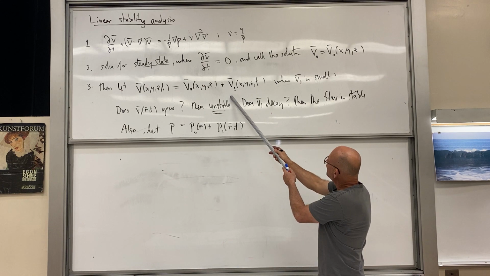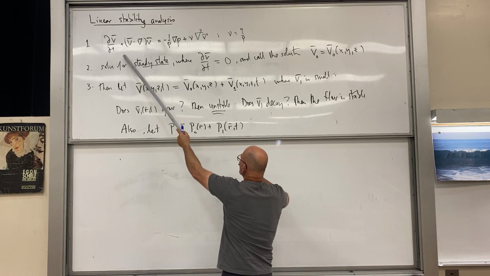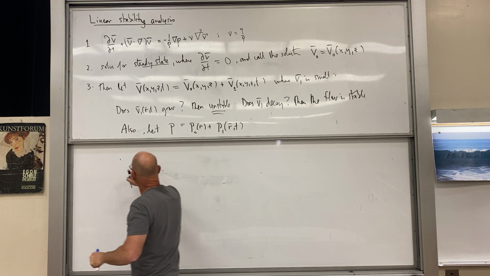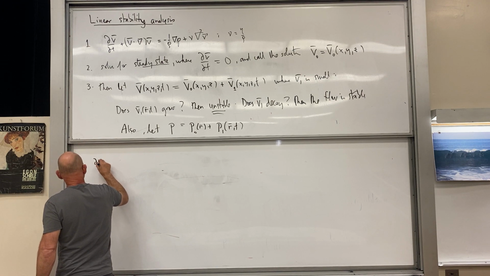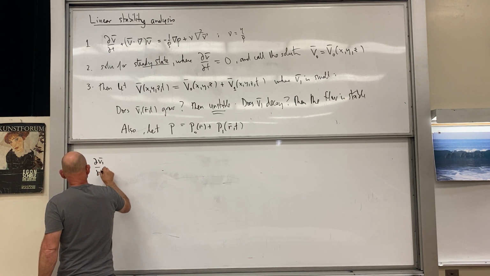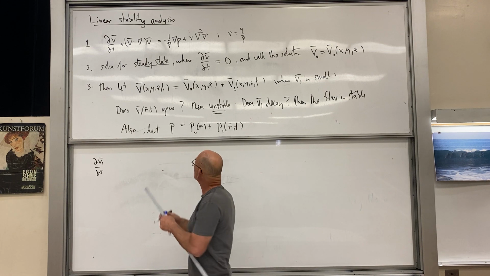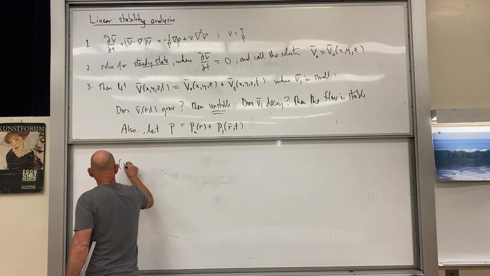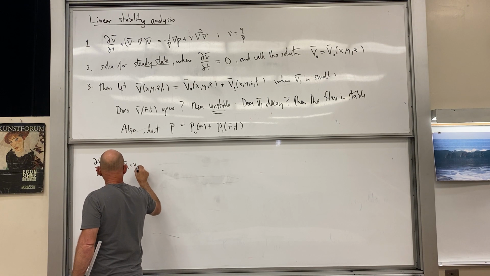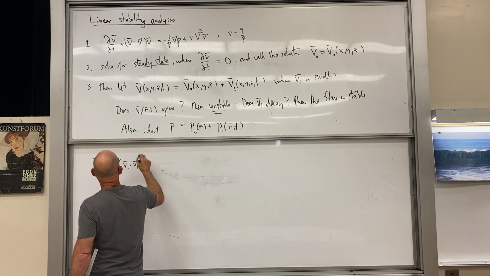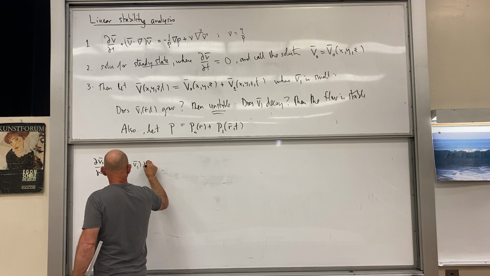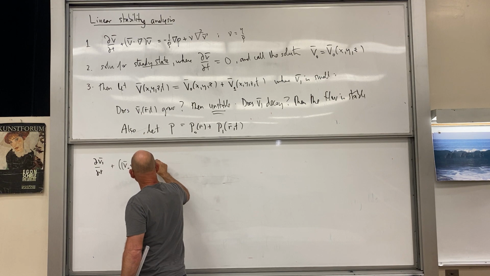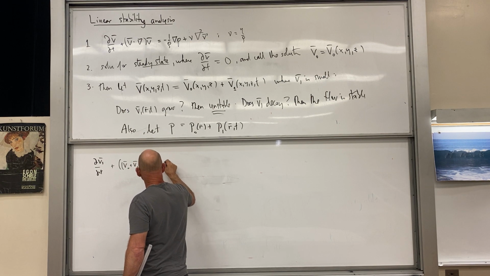When you go into this differential equation with this expression here, you get dv1 dt, because there's no explicit time dependence for the v0, plus (v0 plus v1) dot grad (v0 plus v1).